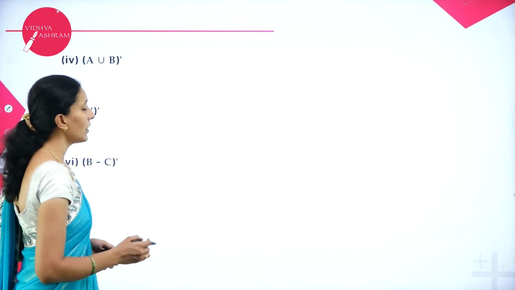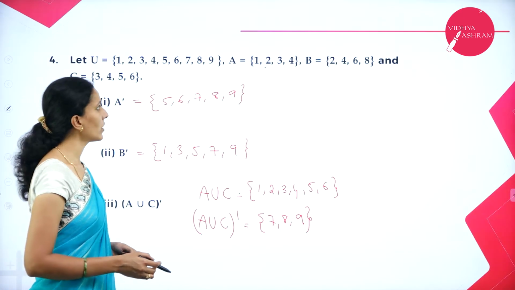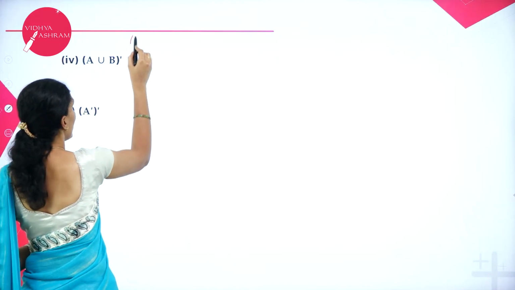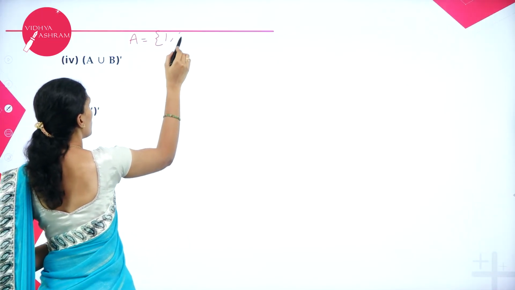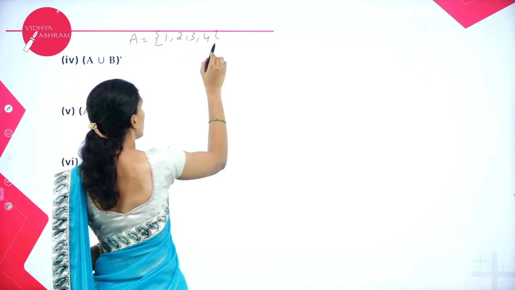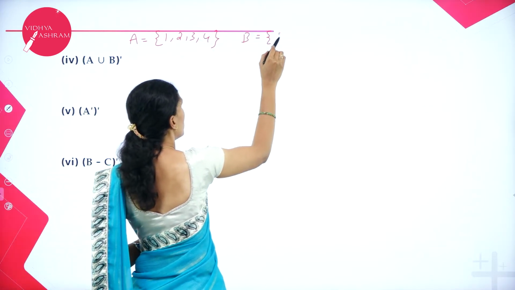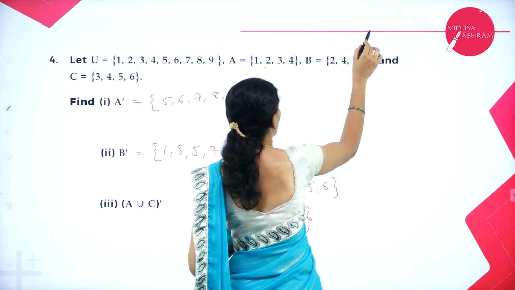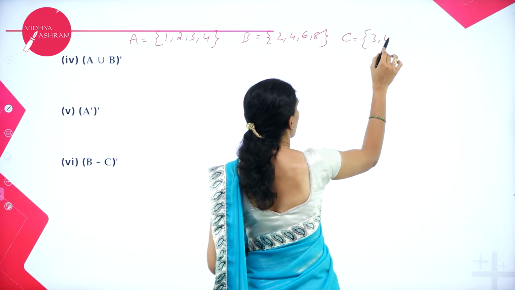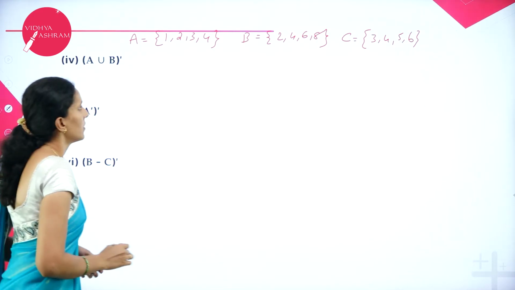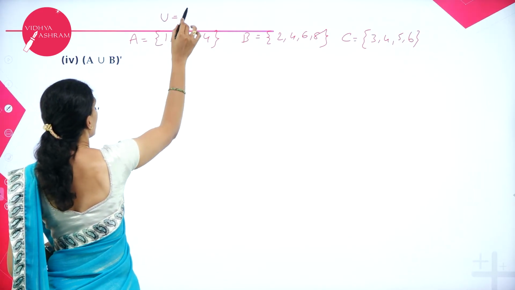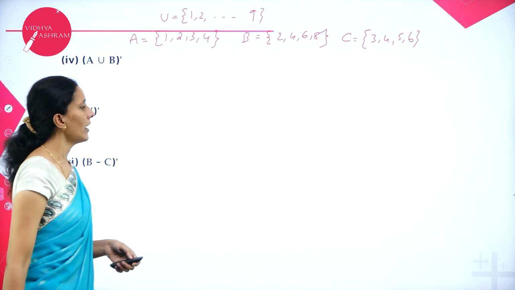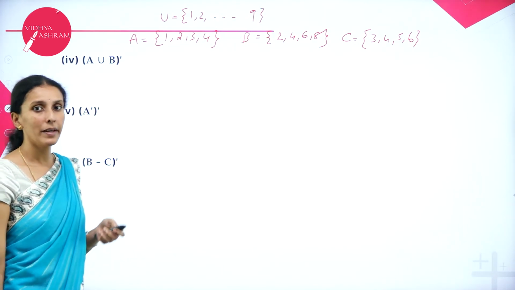Next we have (A union B) whole dash. Before that we will see what is A union B. I'll write the sets here again. A is equal to 1, 2, 3, 4. B is equal to 2, 4, 6, 8. C is equal to 3, 4, 5, 6. And the universal set is the numbers from 1 to 9. Now, what is (A union B) whole complement?